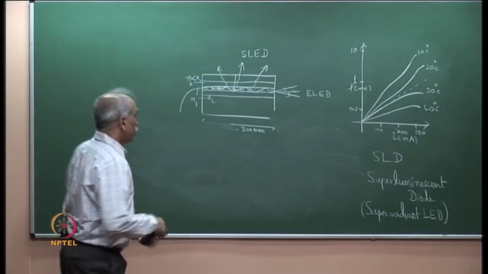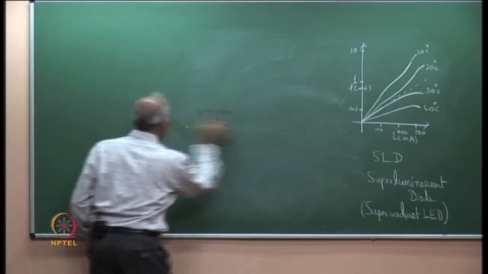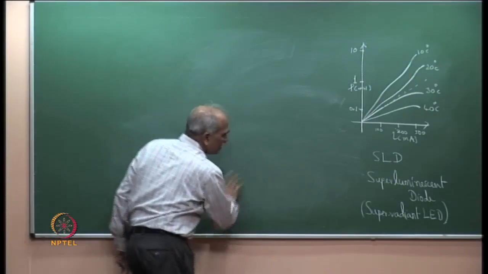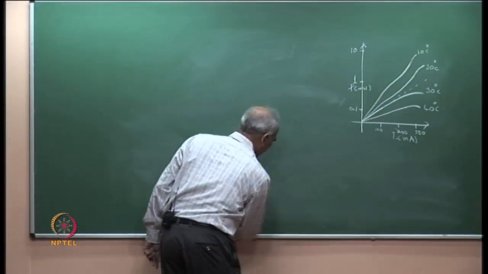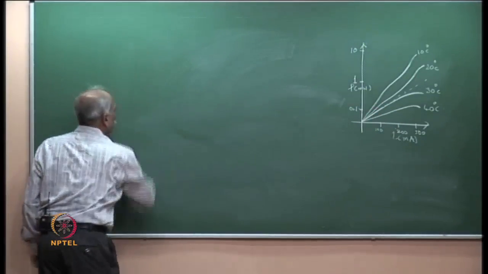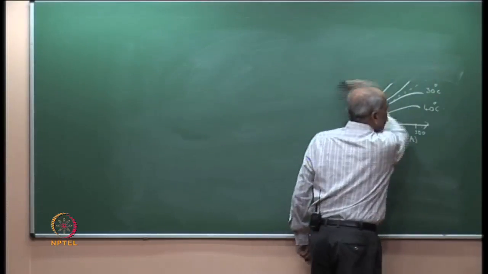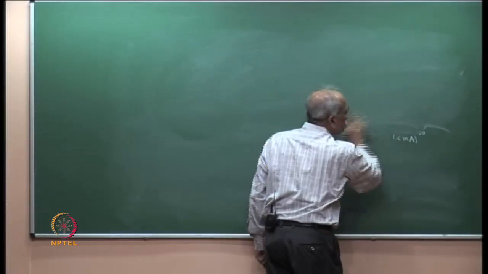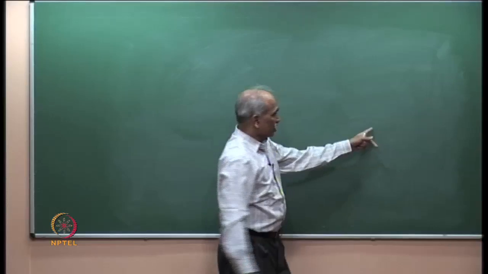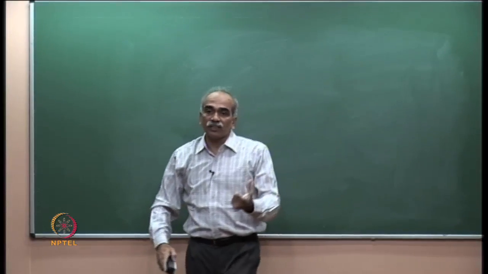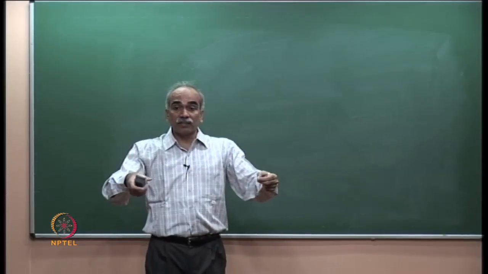So let me come to the next characteristic, that is spectral distribution or wavelength spectrum. Because you would come across superluminescent diodes and see that the current passing through is relatively large, 100, 200, 300 milliamperes, because the device is long.